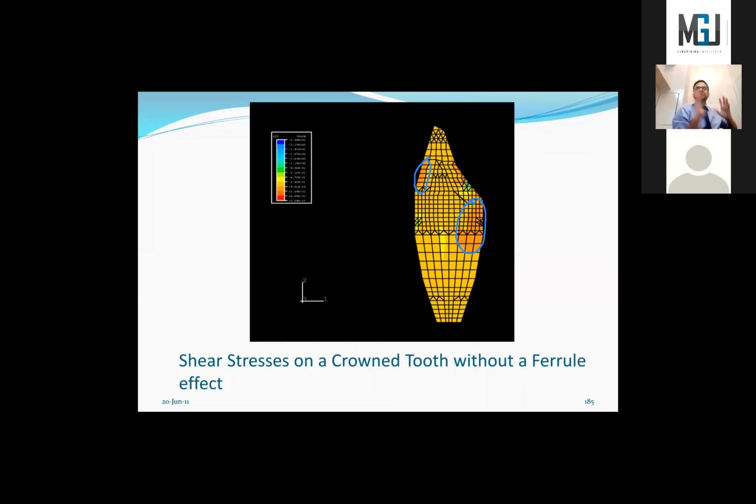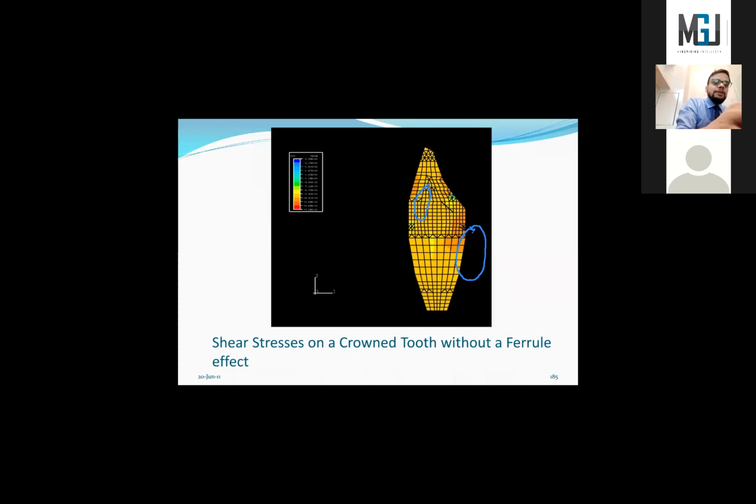And we as dentists say, my crown is intact, your tooth broke, so it's not my fault. I think we should start accepting where we are going wrong when we don't establish a good ferrule effect and give a crown. That's the problem that tends to happen.